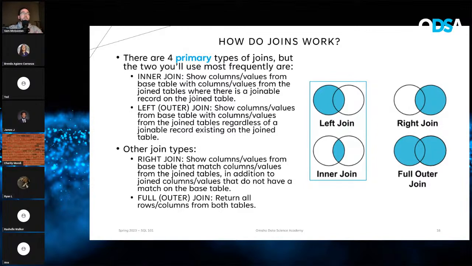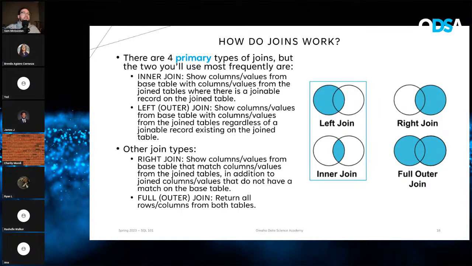And the 2 most common joins that you'll use in basic data analysis, data warehousing, and data science are going to be inner joins and left joins. And optionally, you can use the outer clause on your left outer join. That just indicates that you're going to return any results that don't have a match on your base table. So that means that the join to the other table failed, but you still want to return those records.